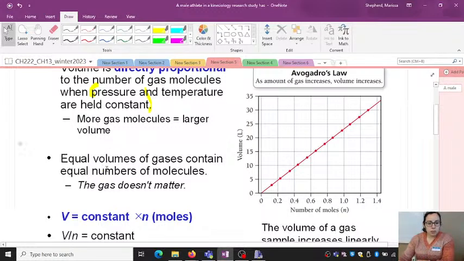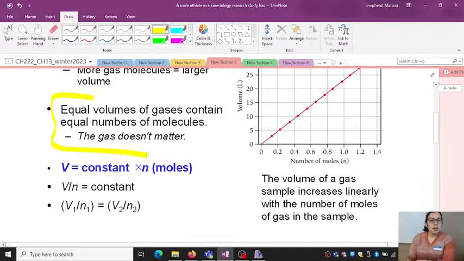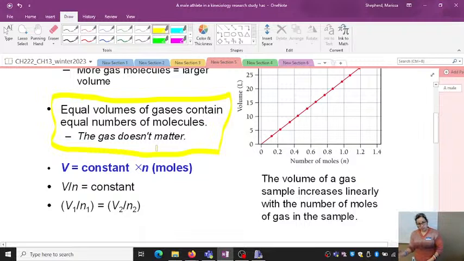And this is also super key. We'll look into more relationships probably on Thursday because we're running out of time. But equal volumes of gases contain equal numbers of molecules. So the gas doesn't matter. That's super important and kind of helps you. We saw that with our moles, so we can always calculate our moles.